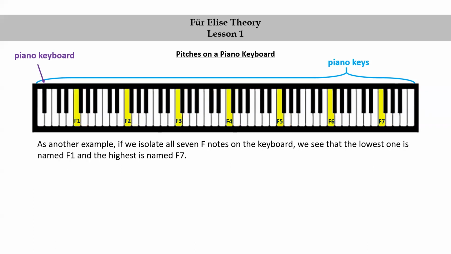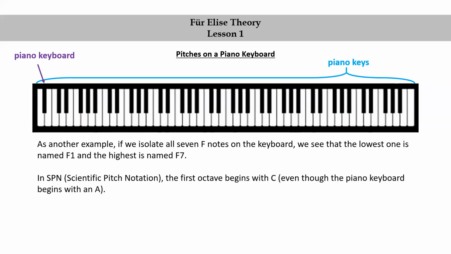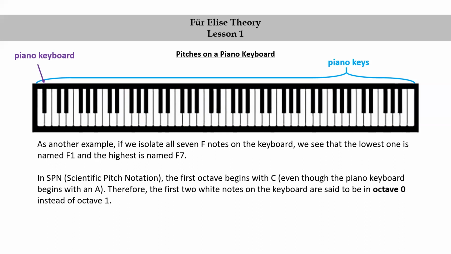As another example, if we isolate all 7 F notes on the keyboard, we see that the lowest one is named F1 and the highest is named F7. In SPN, once again, that's an abbreviation for scientific pitch notation, the first octave begins with C, even though the piano keyboard begins with an A. Okay, this might be a little confusing, so let's be careful.